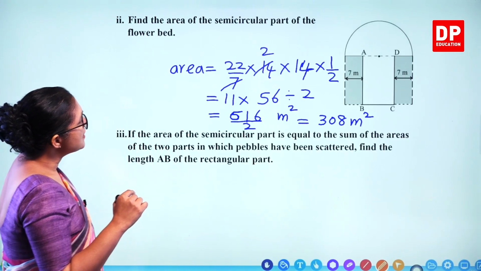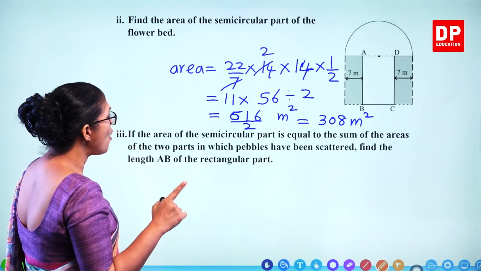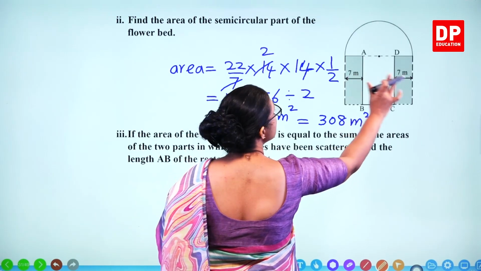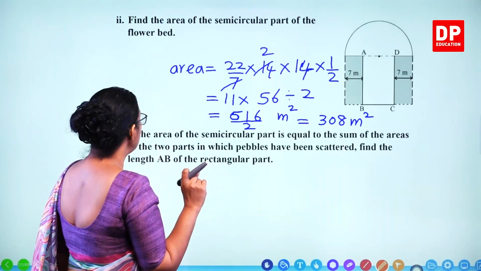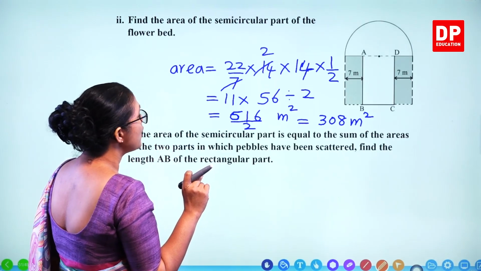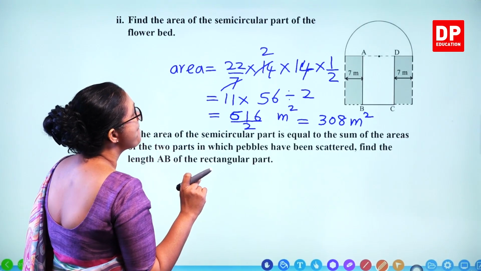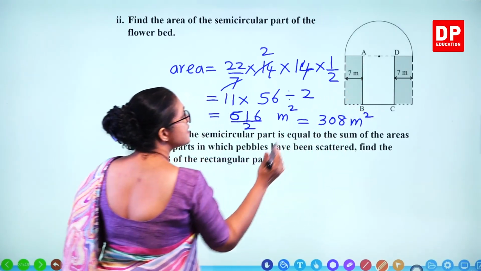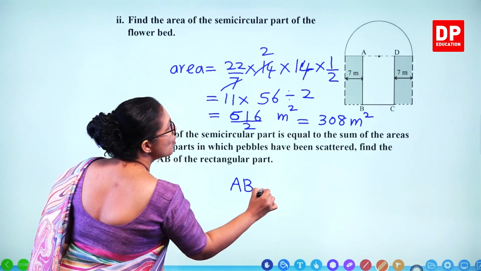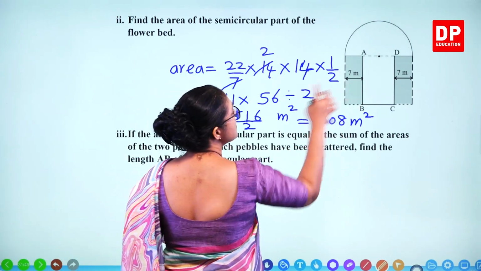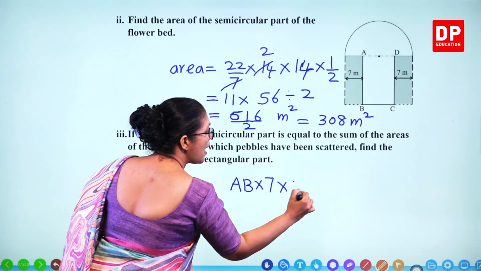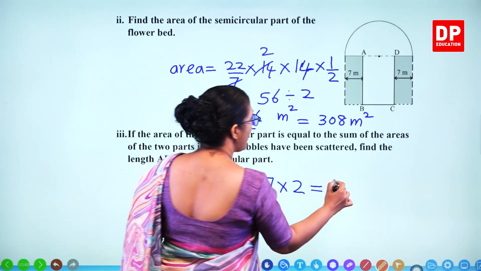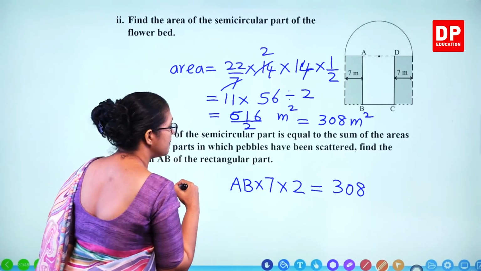If the area of the semicircular part is equal to the sum of the areas of the two parts in which pebbles have been scattered, find the length AB of the rectangular part. So we'll take one side. Area of one side is AB into 7. The width is 7. Multiplied by 2, that's the total area, equal to the area of the semicircular part, 308.